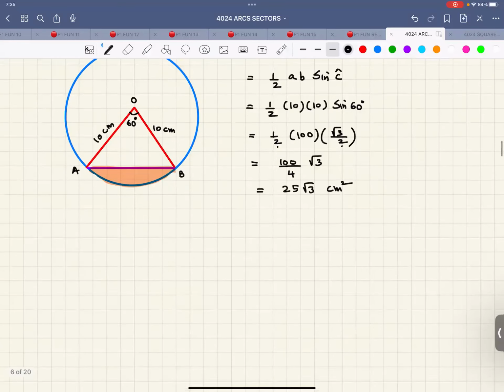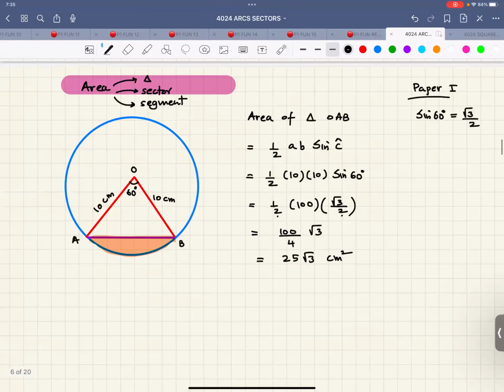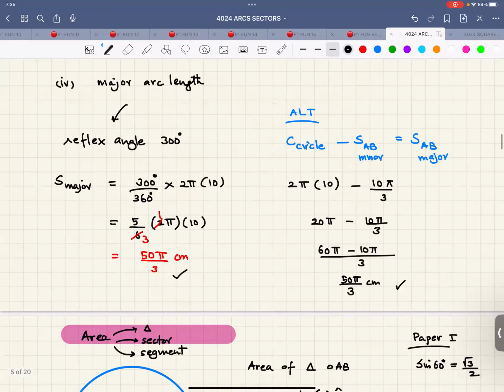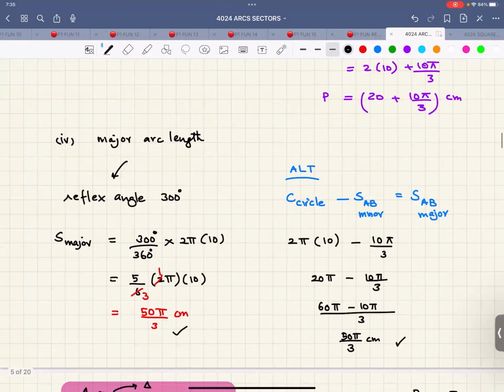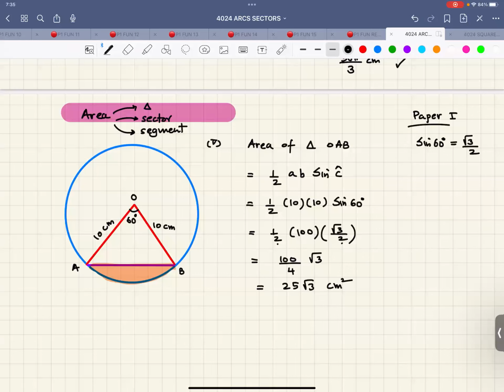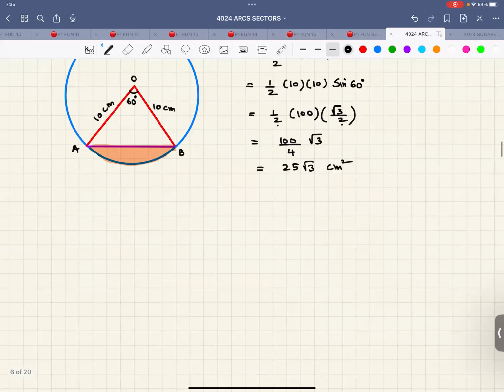Let me calculate. Have I labeled the areas? That's part 4. So let me label this thing as part 5. Part 6 is the area of sector. That is theta over 360 into pi r square. That is 60 over 360 into pi into 10 into 10.